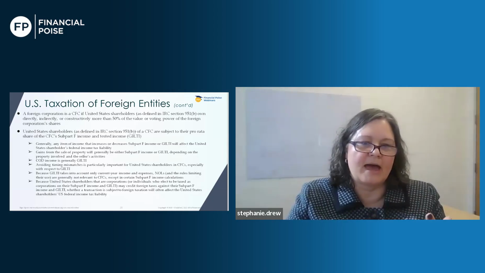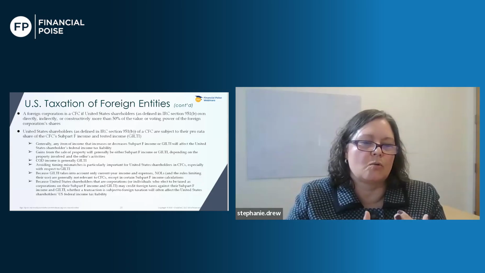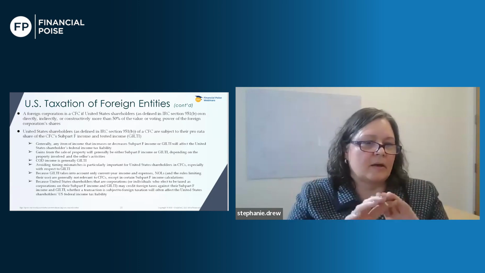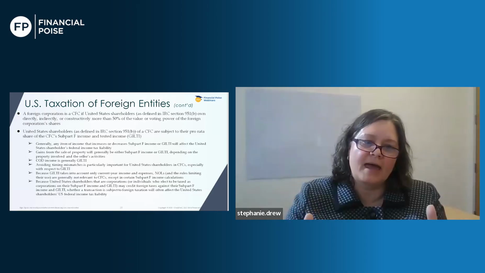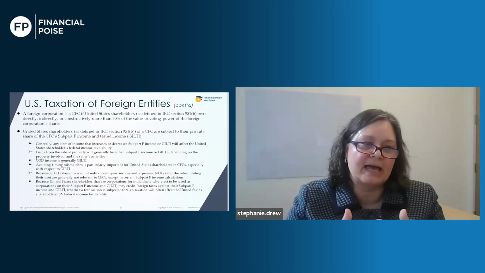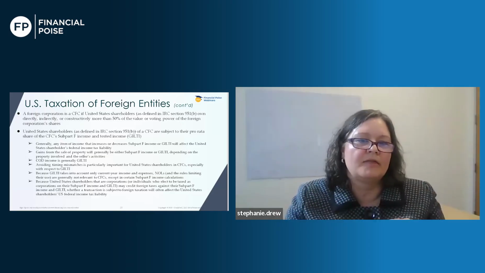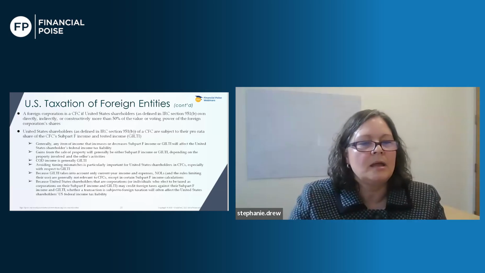So again, we have that 50% control of U.S. persons, or 50% control of the value of the stock. So that's what we said was our nexus. Then the next layer down from that is if you are a shareholder and you own at least 10% of that controlled foreign corporation, then you're going to be subject to this GILTI tax.